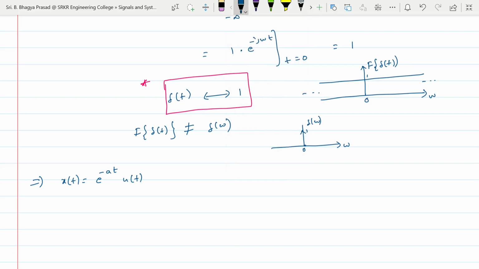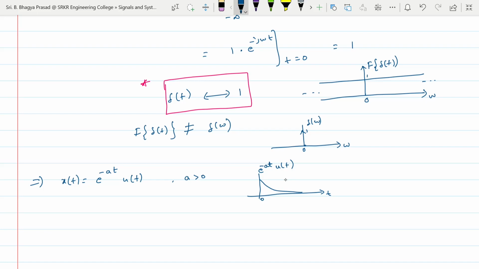Here the condition is that a must be greater than 0, then only the signal will converge. Otherwise the signal will not converge and you cannot find the Fourier transform. So e power minus at u of t is represented like this, and the signal is converging. It goes to 0 at some time.